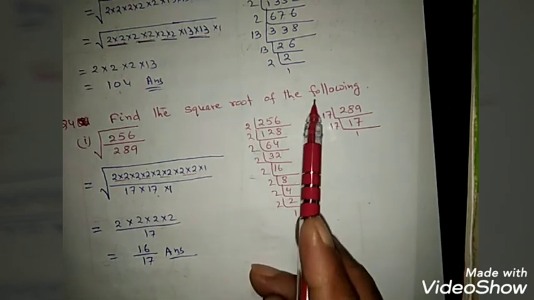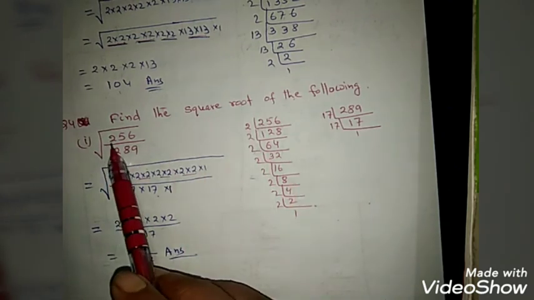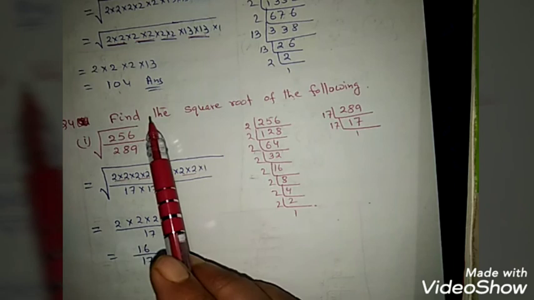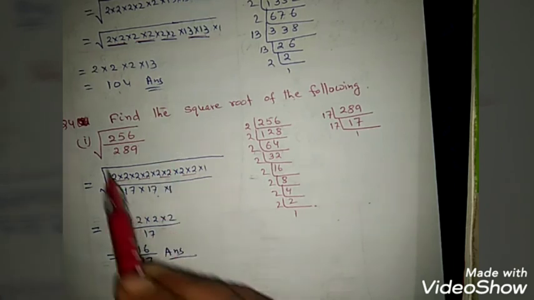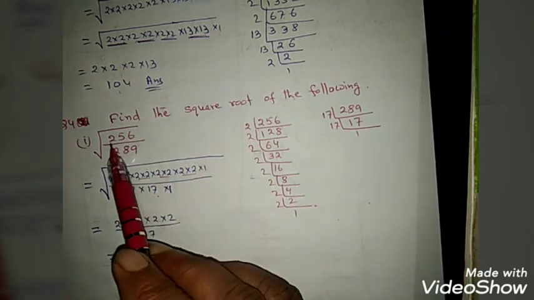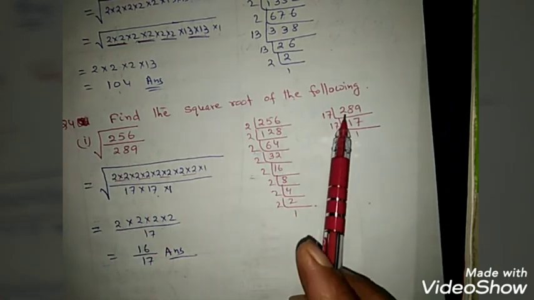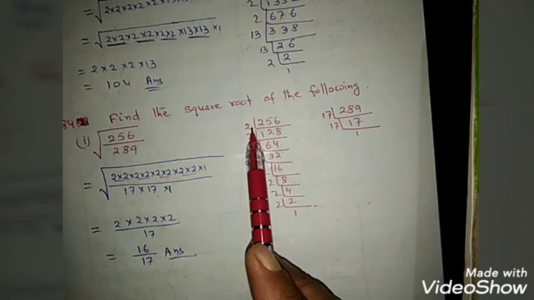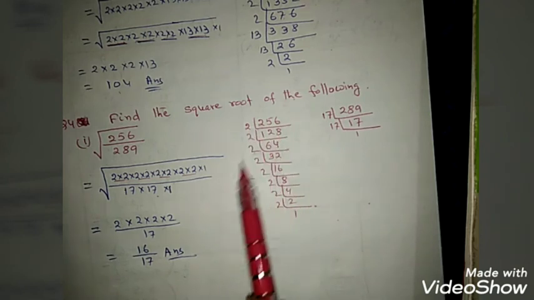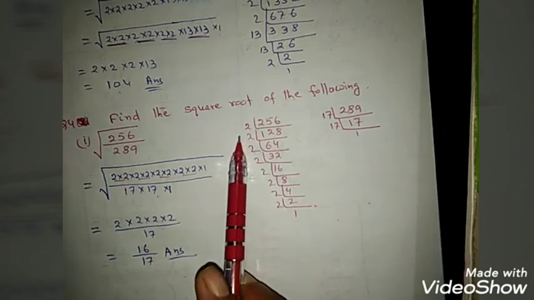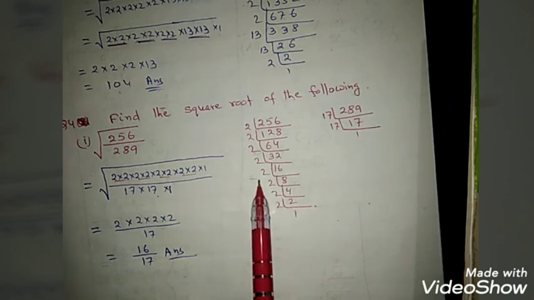Now see question number 4. Find the square root of the following. So here it is a fraction, 256 by 289. We have to find out the square root. So the same method we will follow. We will find out the factors of 256, and then the factors of 289. While finding the factors of 256, we get 2 into 2 into 2 into 2 into 2 into 2 into 2 into 2.